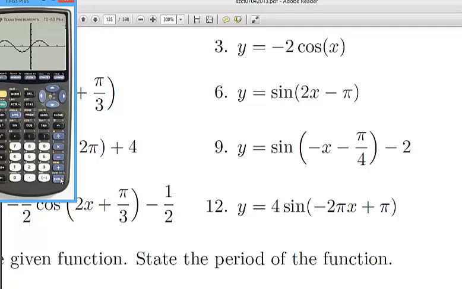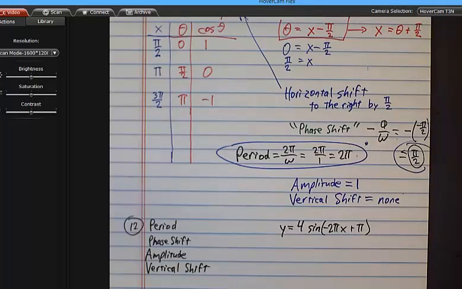But we're writing down the function y equals 4 sine of negative 2 pi x plus pi. By the way, do you think that you know the amplitude of this function? What's the amplitude? 4, right? It's always the number in front. Is there any vertical shift for this function? No. I took care of the output right away. So I agree with you guys. The amplitude is 4. The vertical shift, there is none.